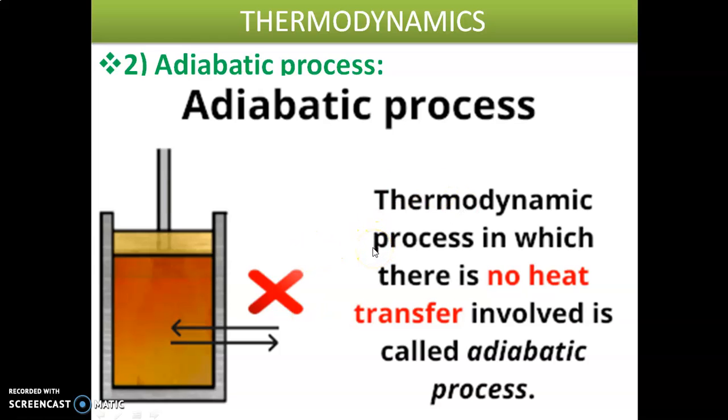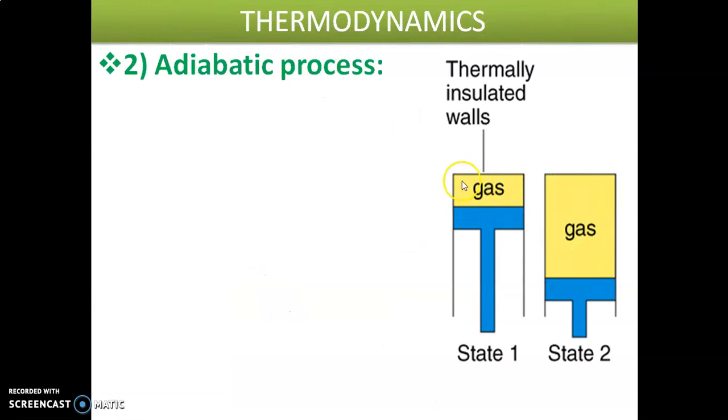Let us see the PV diagram for the adiabatic process. Here we are taking a piston cylinder arrangement. In this cylinder we have gas. Initially the piston is at the top dead center, at the TDC position, stage 1. At this position we have temperature T1, volume V1, pressure P1.